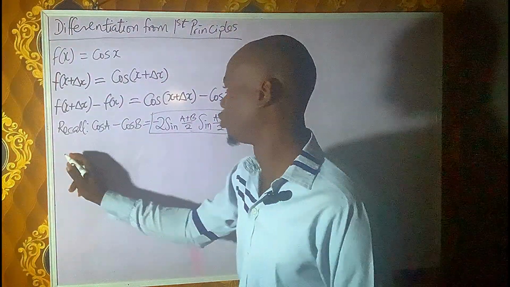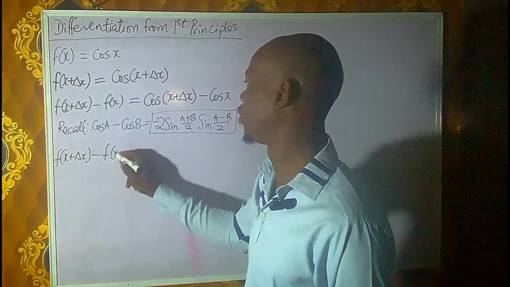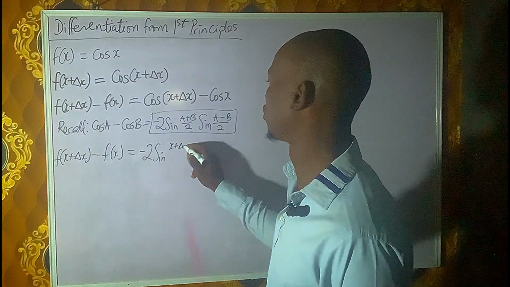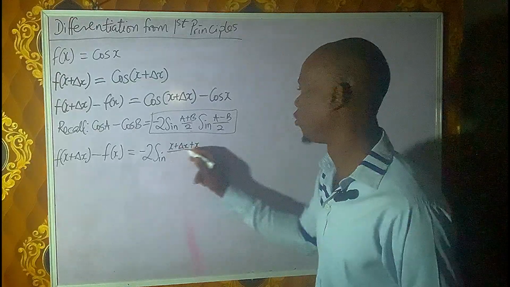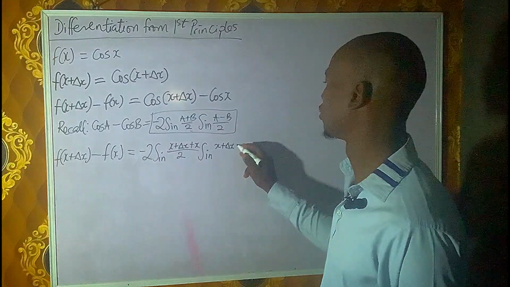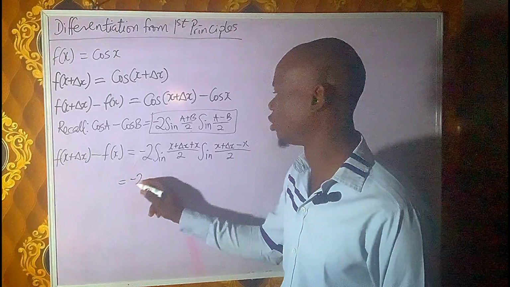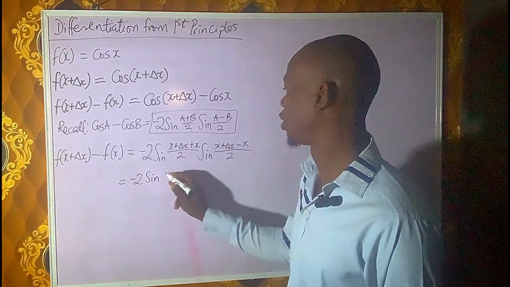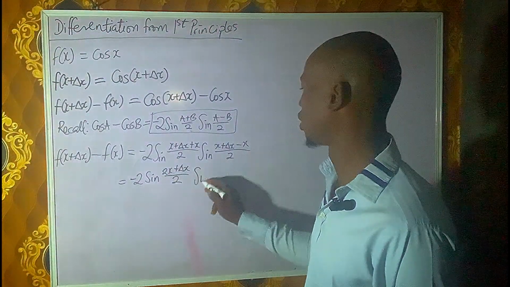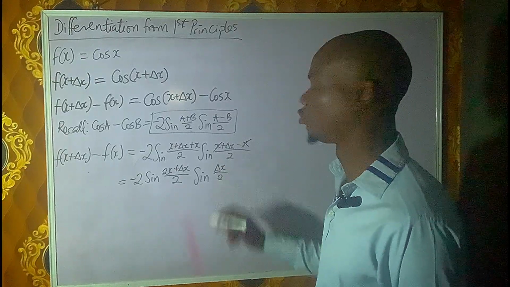So if we take that, we are now going to have f of x plus change in x minus f of x to be minus 2 sine of (x plus change in x plus x) all over 2, times sine of (x plus change in x minus x) all over 2. If we simplify this further, we have minus 2 sine of x plus x is 2x plus change in x over 2, times sine of x minus x is 0, so we have delta x over 2.